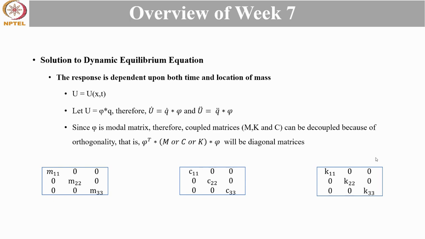Thus, velocity and acceleration can be deduced as u dot is equal to q dot into phi, and u double dot is equal to q double dot into phi. Now, since phi is a modal matrix, we saw last week about orthogonality of modal matrices and the property of decoupling associated with them. So these coupled matrices of K, C, and M can be decoupled using phi to obtain resulting matrix as diagonal matrix.